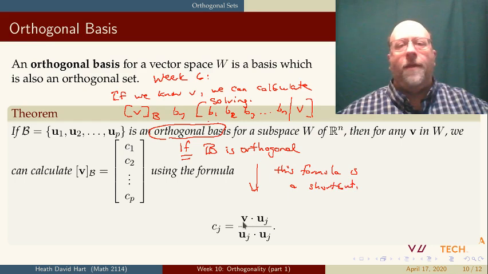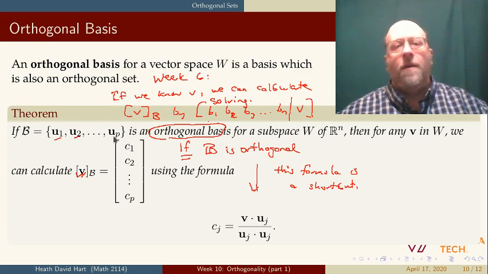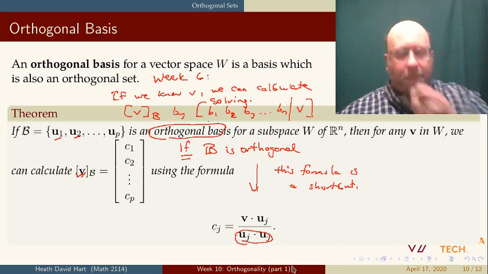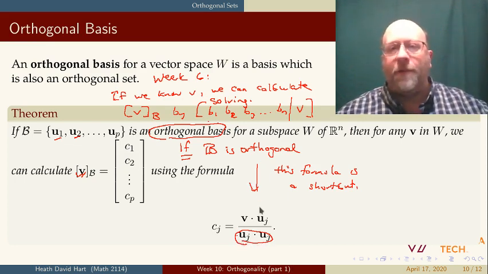And the formula is that we will take the vector that we are trying to calculate the alternate coordinates of and dot product with every vector in the basis, and then we'll divide it by the basis vector dot product with itself. I'll show you an example in a moment, and I'll show you how fast this is compared to having to row reduce.